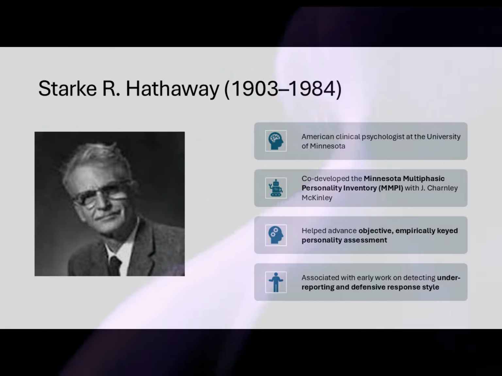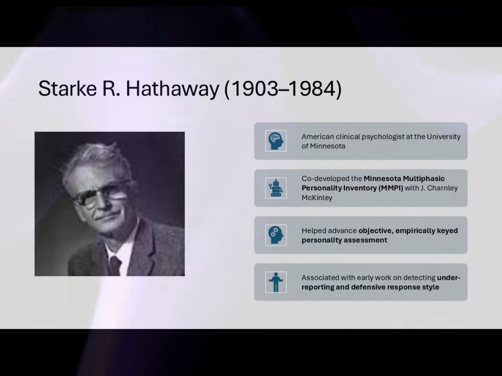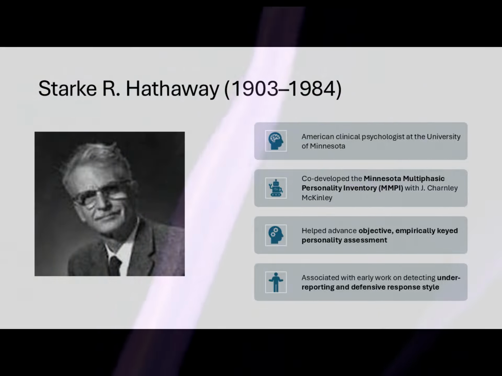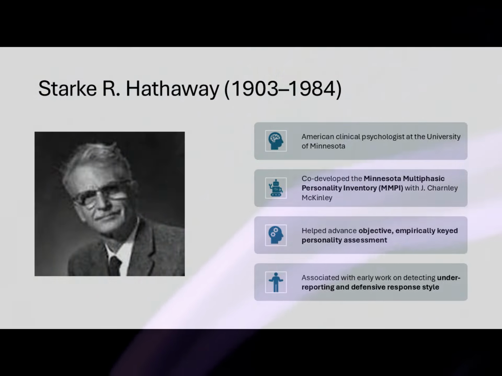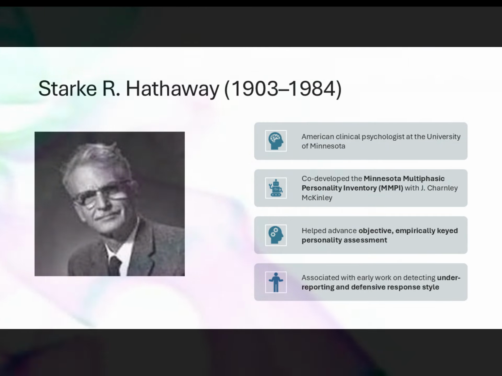In other words, they were trying to build scales from items that actually differentiated clinical groups from comparison groups, not simply from items that sounded psychologically meaningful on the surface. And that approach became one of the defining features of objective personality assessment.